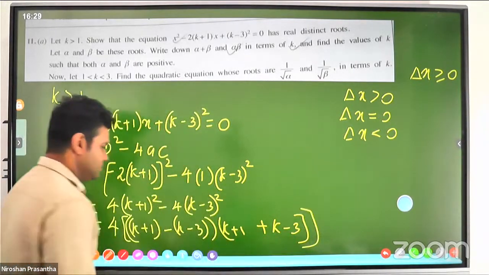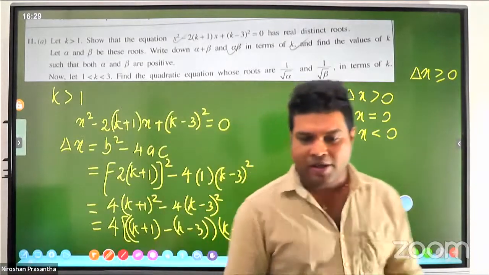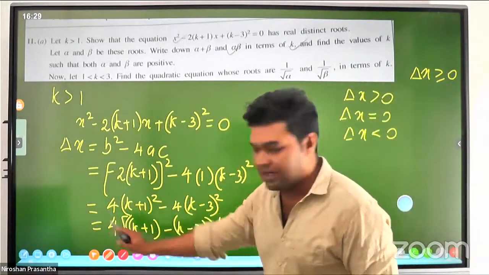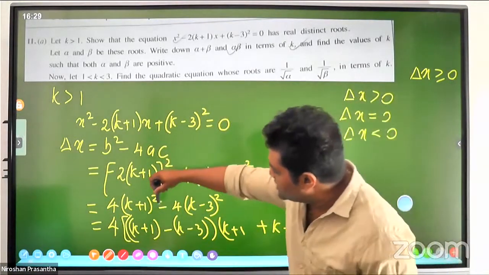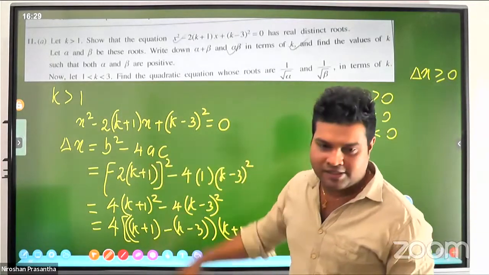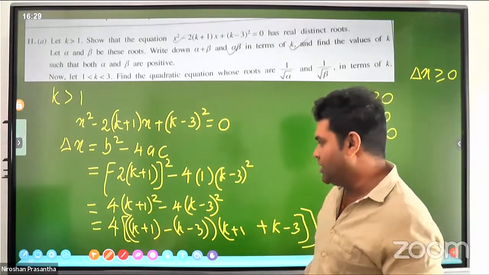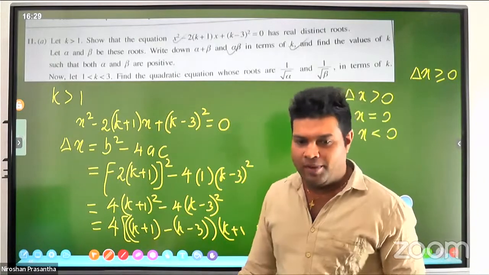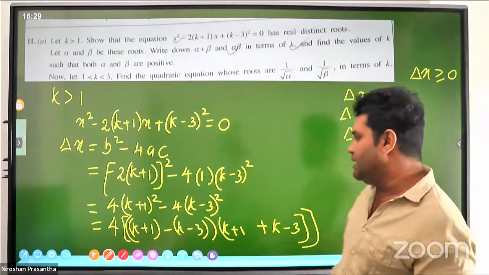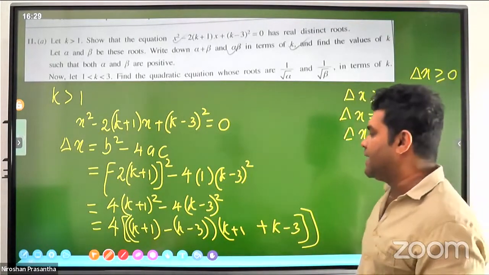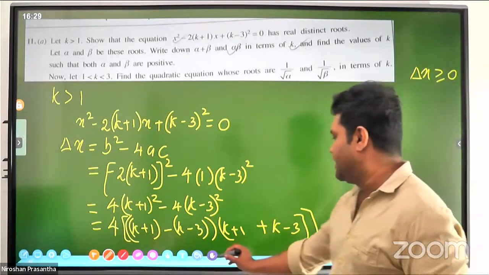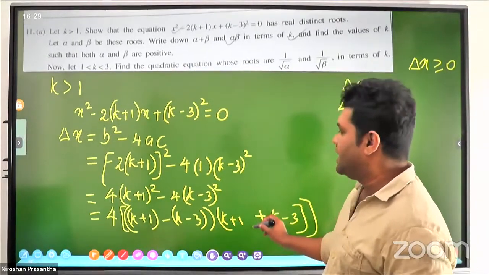Because 4 is a factor, now you can see a difference of two squares. I just applied that, or otherwise you could have used the binomial expansion. It doesn't matter, then you can simplify. Inside the brackets, your answers are coming.